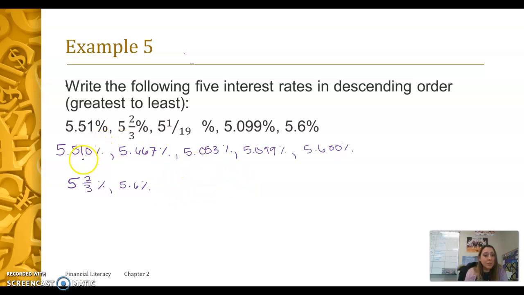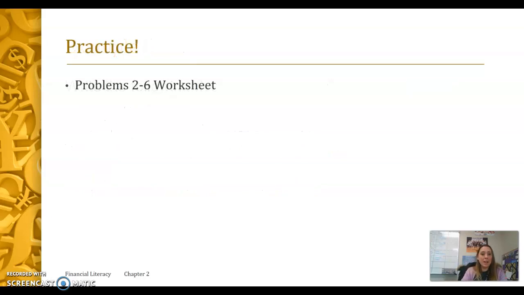Then my next one is this one right here, so 5.51%, and then we have 5.099%, and then the 5 1/19%. So that's something you want to be careful with. I think that was, yes.